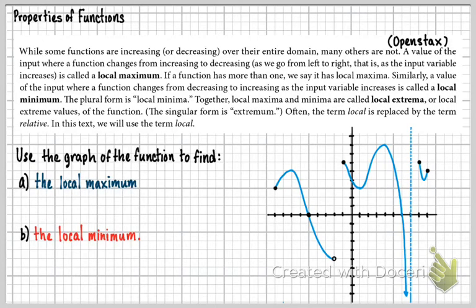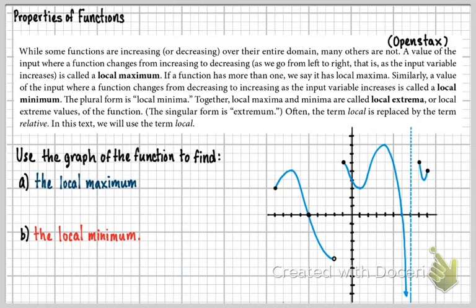Well, some functions are increasing or decreasing over their entire domain. Many others are not. A value of input where a function changes from increasing to decreasing as we go from left to right, that is, as the input variable increases, is called a local maximum.